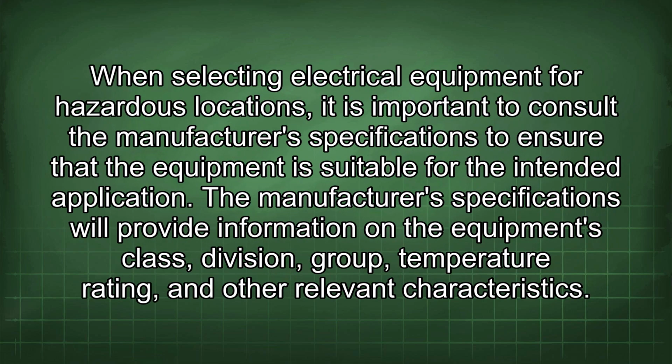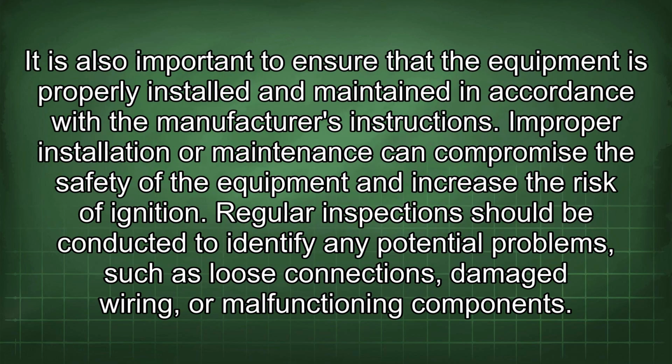When selecting electrical equipment for hazardous locations, it is important to consult the manufacturer's specifications to ensure that the equipment is suitable for the intended application. The manufacturer's specifications will provide information on the equipment's class, division, group, temperature rating, and other relevant characteristics. It is also important to ensure that the equipment is properly installed and maintained in accordance with the manufacturer's instructions.